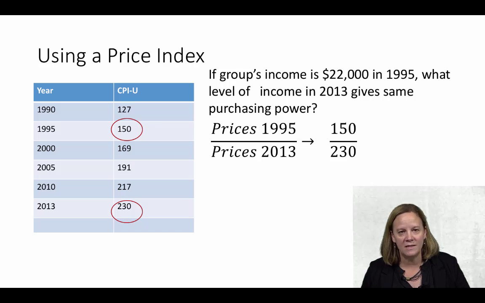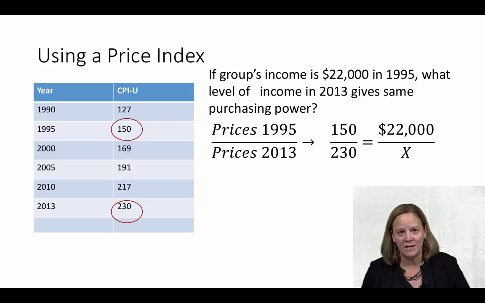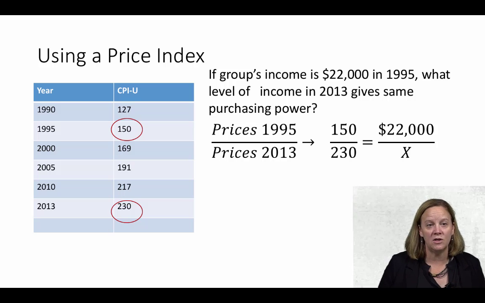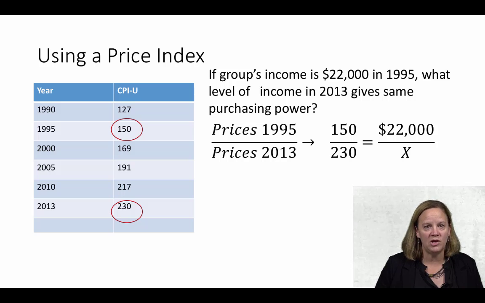Now, we want to consider what $22,000 in 1995 would be equivalent to in 2013. Let's call the amount needed in 2013 X, and note that the equivalence of income, except for the price change, means that the ratio of income amounts in the 2 years should equal the ratio of the price index terms that we just wrote down.